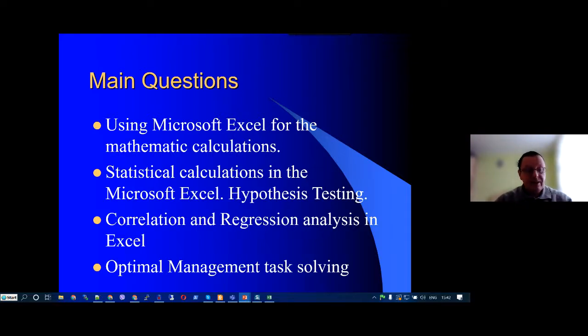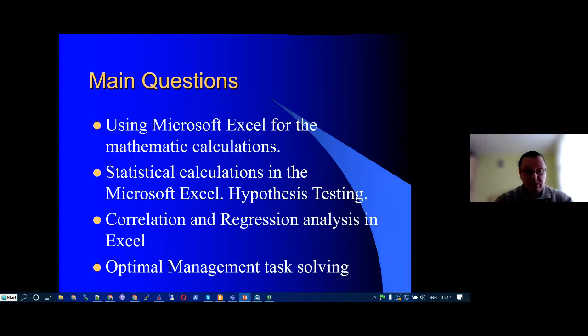And the other three questions represent the core of the lecture, especially the usage of a spreadsheet application to perform statistical calculation and hypothesis testing. Also, we consider the question regarding how to perform correlation or regression analysis by using a spreadsheet like Microsoft Excel. And I will try to provide some introduction about optimal management task solving.